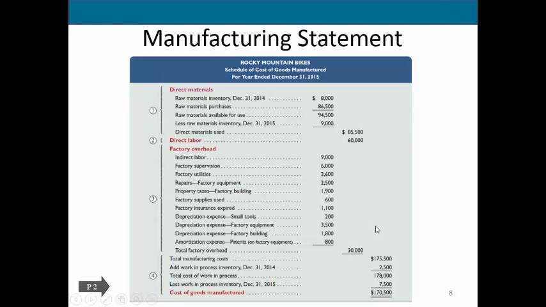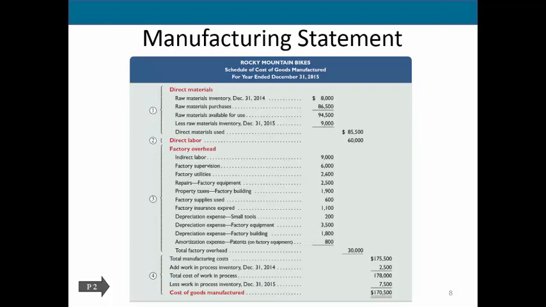So the sum of the direct materials that were used, the direct labor for the current period, and the factory overhead that we have applied is going to give us our total manufacturing costs. So these are our product costs. We add to that whatever was already in process at the beginning of the period.